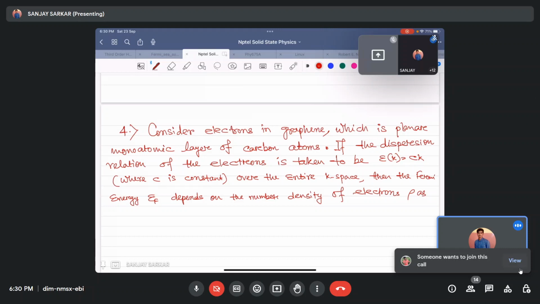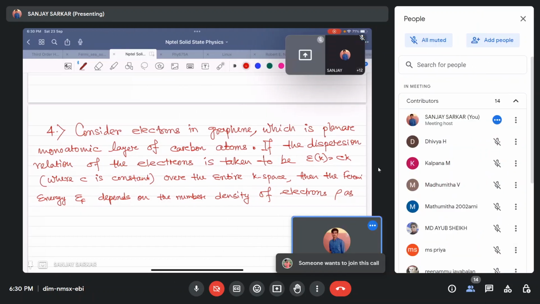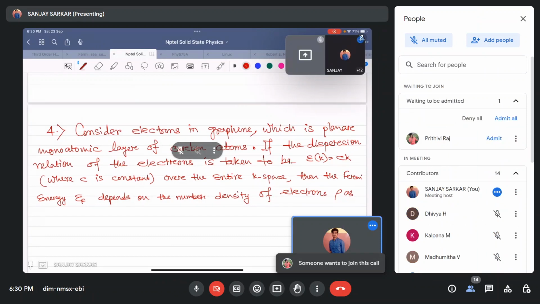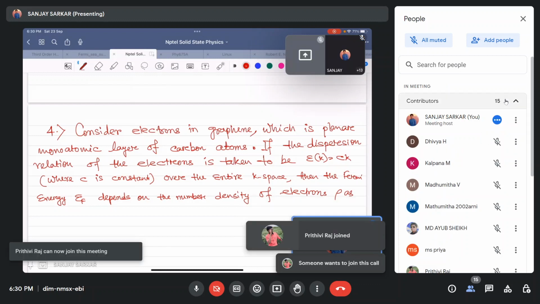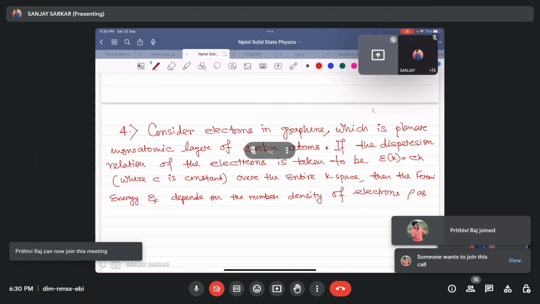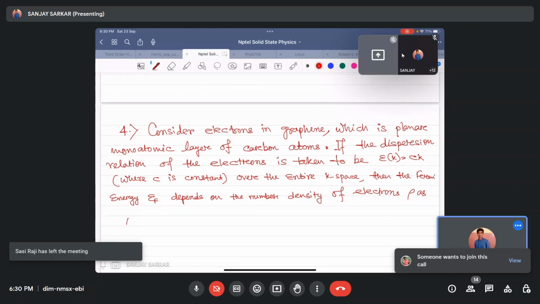So there are a few options. Let me write down the options. Option A: epsilon f proportional to rho to the power half. Option B: epsilon f proportional to rho.